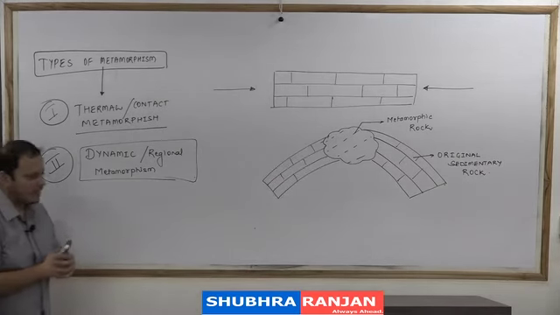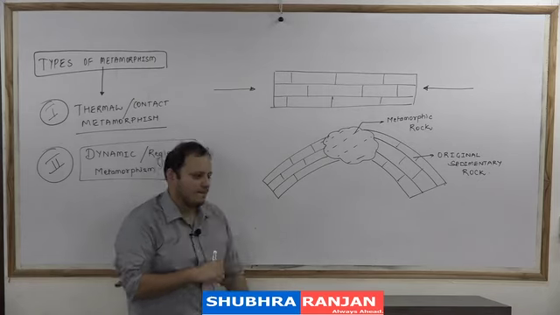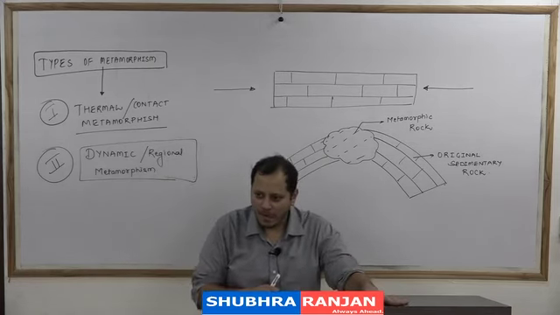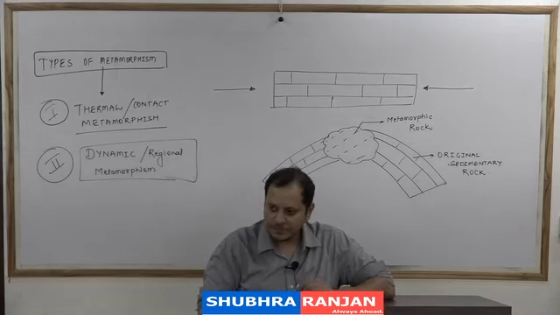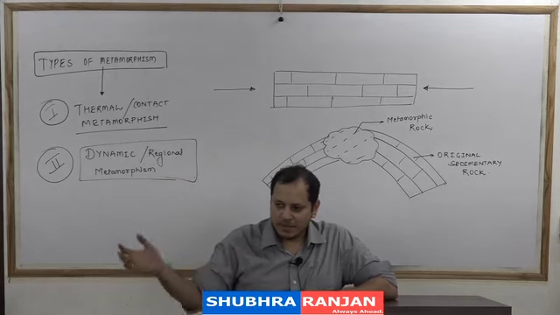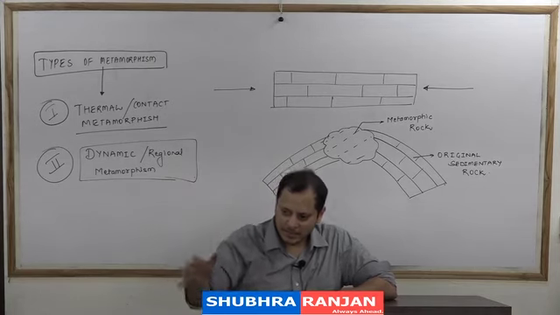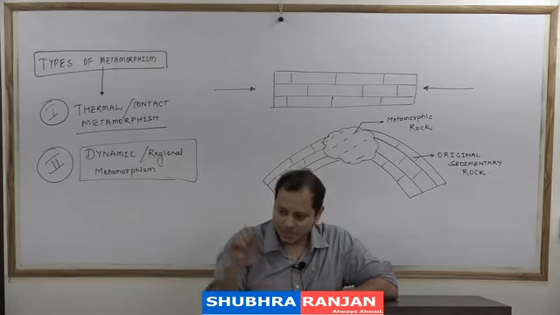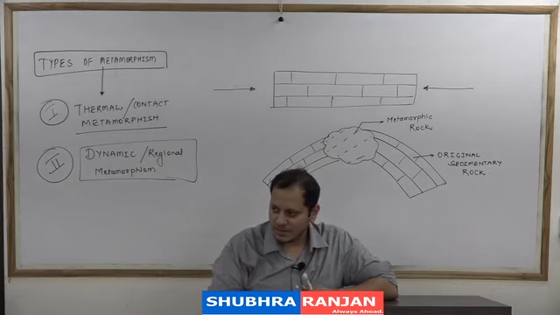In the Himalayas. Lava will come up and it can change the surface rocks also, but generally yes, below the crust.